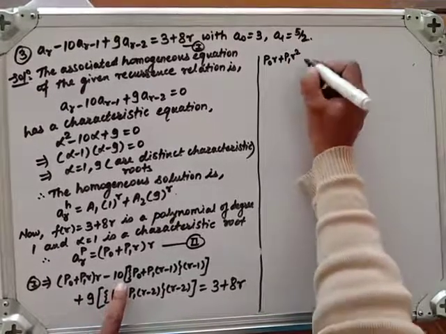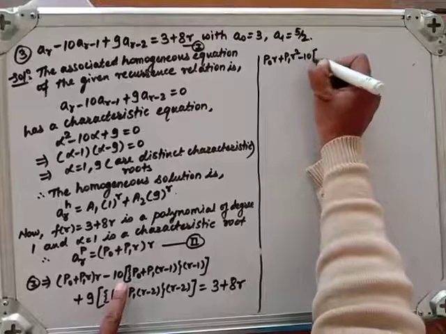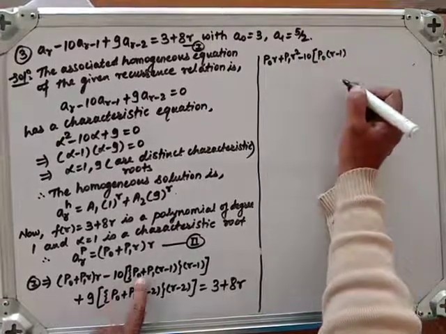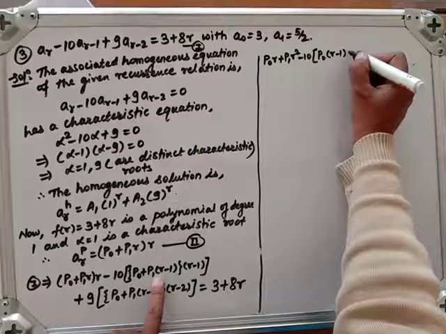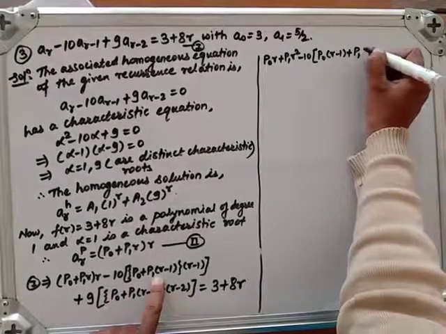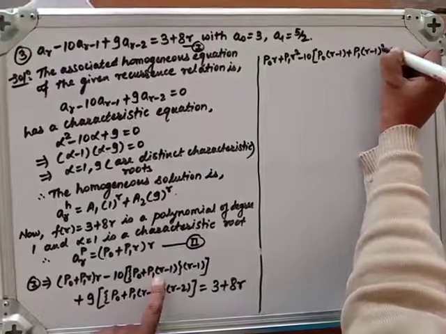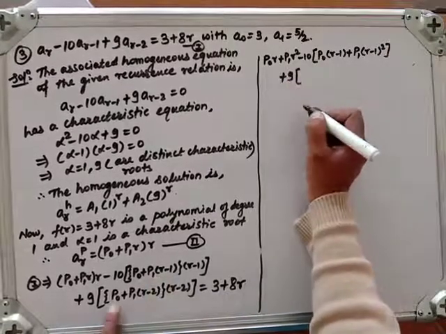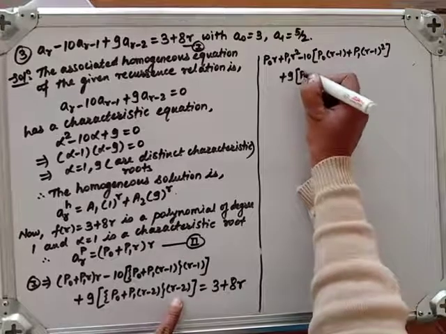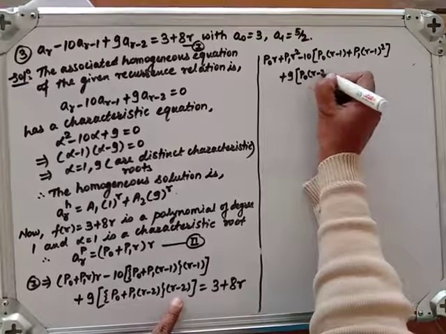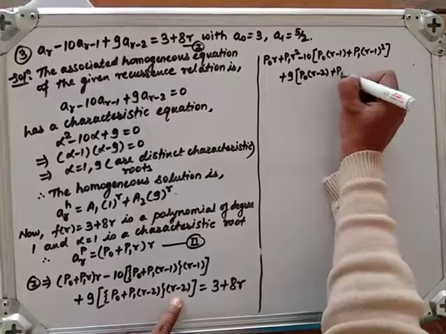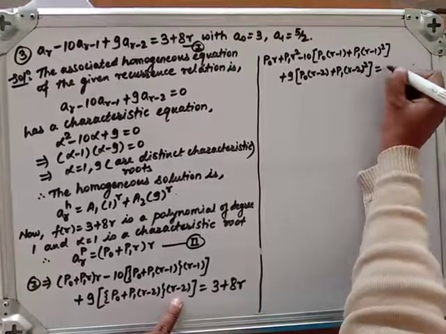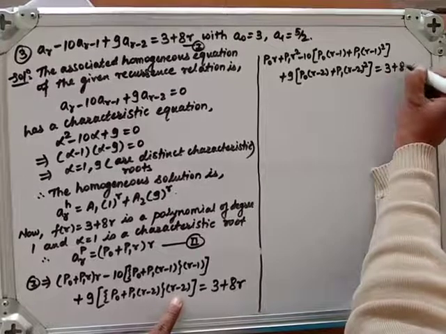Here minus 10 times P0 into (r minus 1) plus P1 into (r minus 1) square, plus 9 into again P0 into (r minus 2) plus P1 into (r minus 2) square, equal to 3 plus 8r.